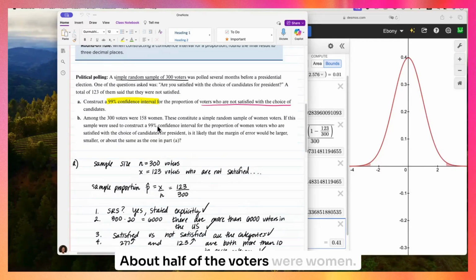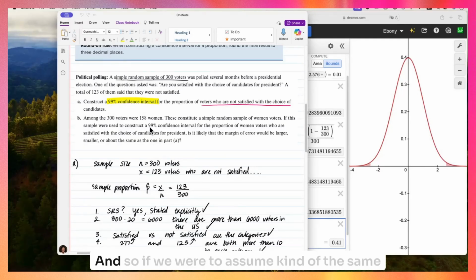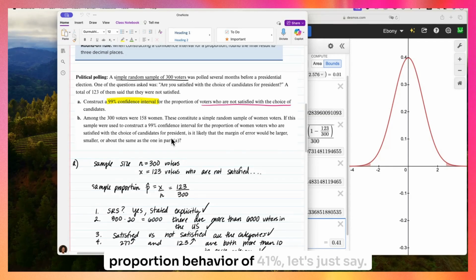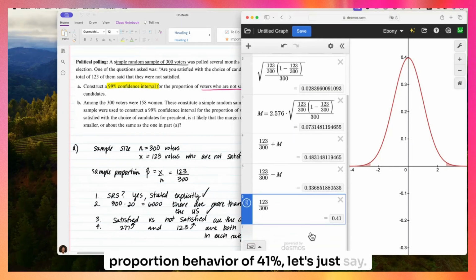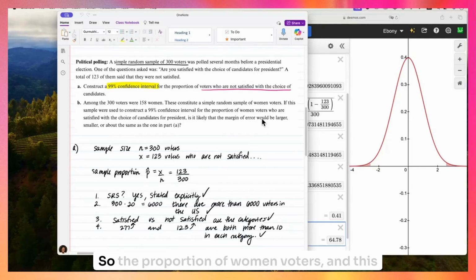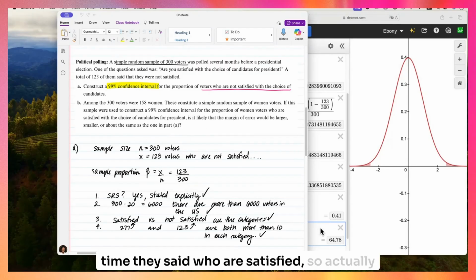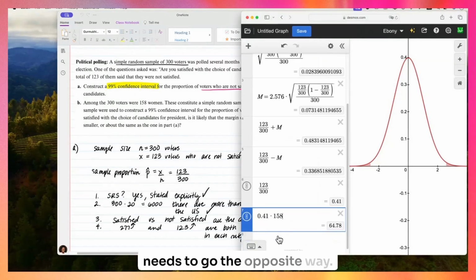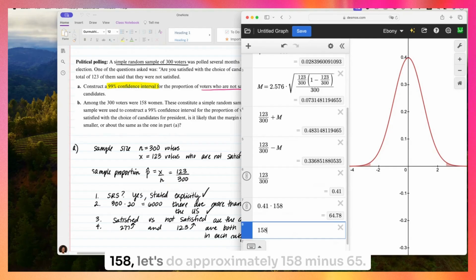About half of the voters were women. And so, if we were to assume the same proportion behavior of 41%, let's just say, times 158 will be about 65. So the proportion of women voters, and this time they said who are satisfied, so I actually need to go the opposite way, 158. Let's do approximately 158 minus 65.